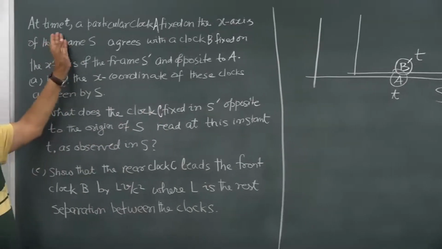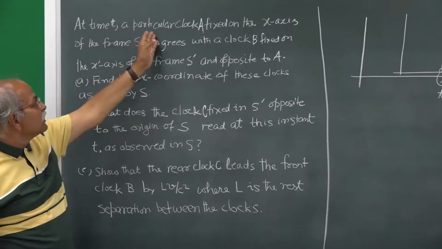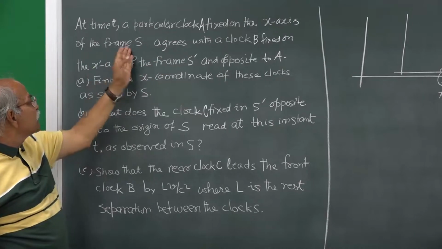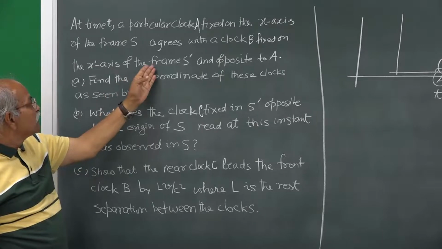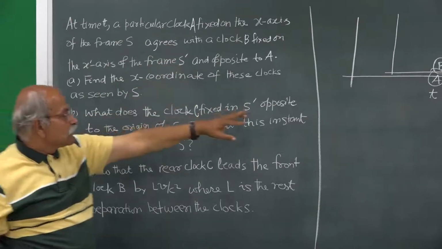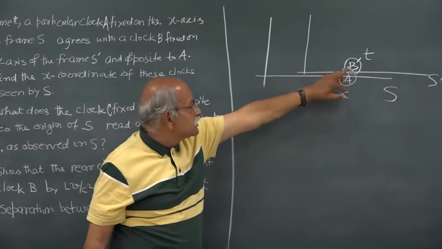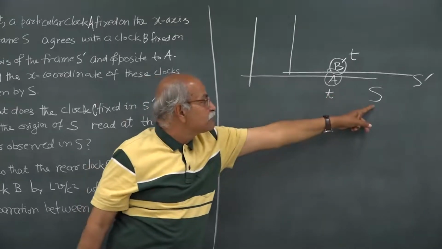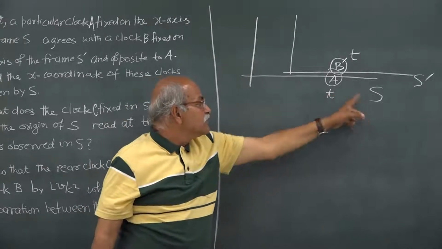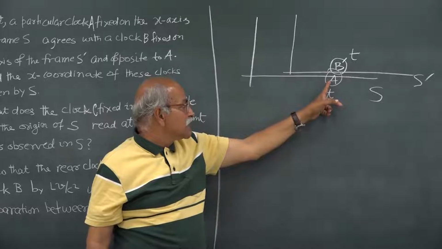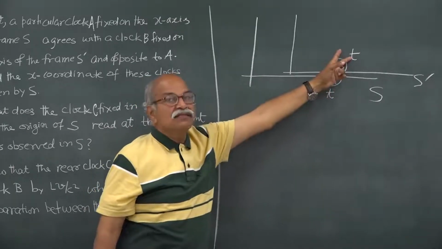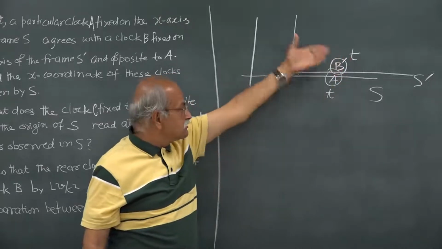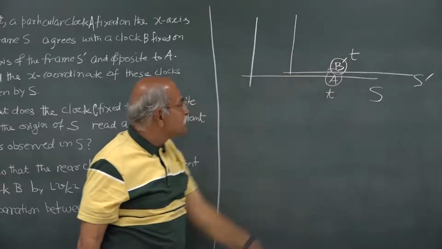These two agree with each other, and this time t is measured from the S frame. Remember, this time t is measured from S frame, and at this time there is a clock here that also reads t. So for this event, this t prime is the same as t.